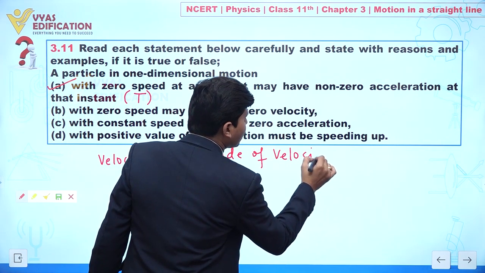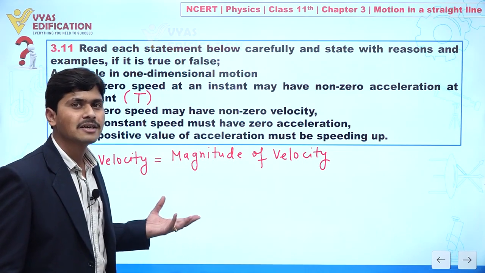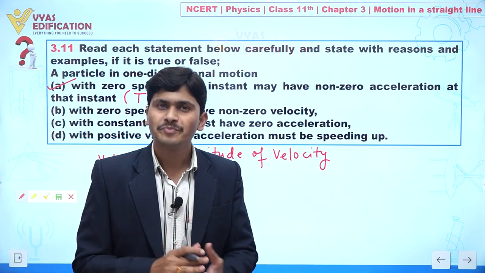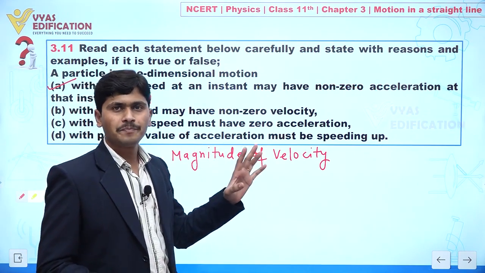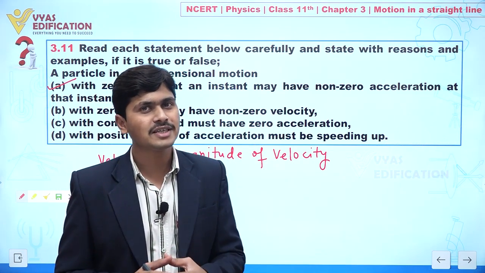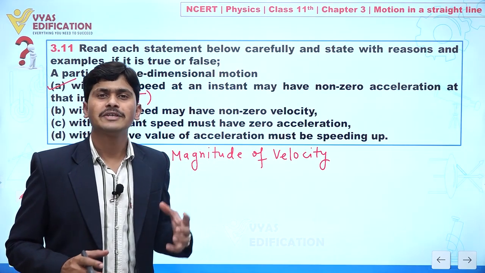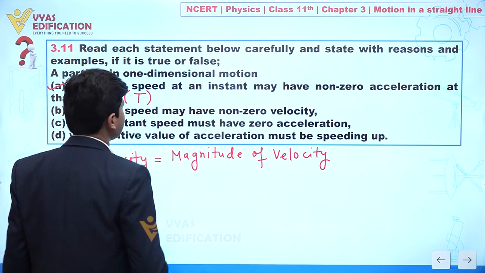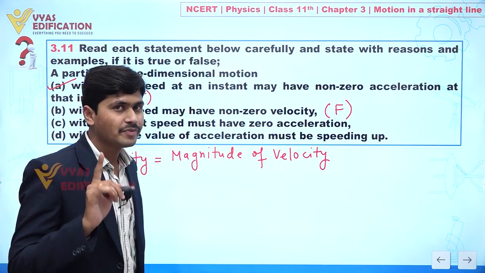So when the magnitude of velocity is speed, it can never be 0 if velocity is non-zero. So the statement that 0 speed may have non-zero velocity is wrong. Whenever we have non-zero velocity, it means definitely we will find a particular value of speed. Yes or no? It means this statement is false. Clear to everyone? Yes or no?